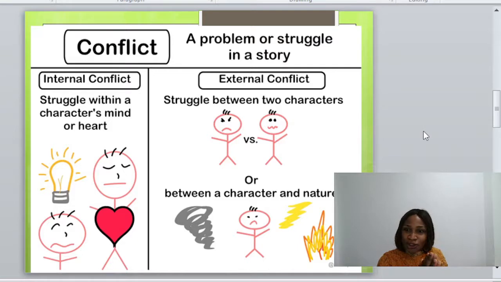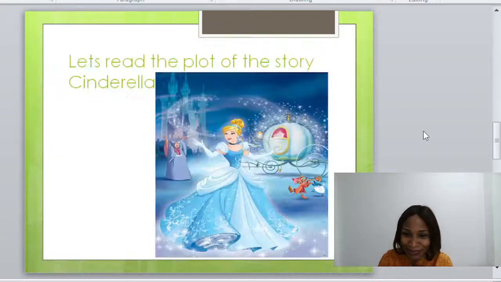He's having an issue with the thunder, the lightning. So all these are problems that can be in a story. It can be a problem with the character and his mind, or two characters having issues, or the character having issues with nature. Alright? Don't laugh at my drawings.